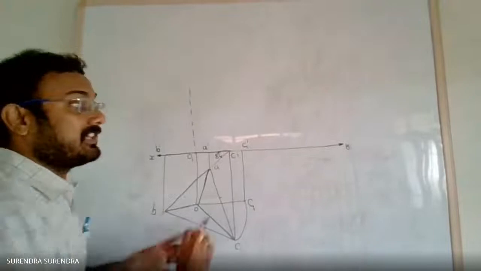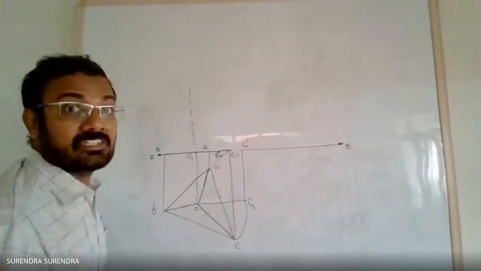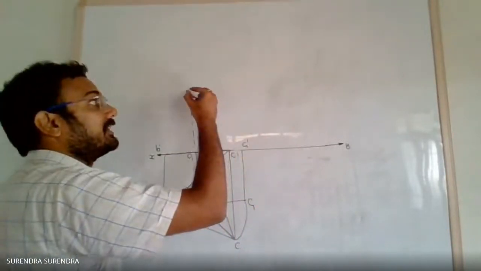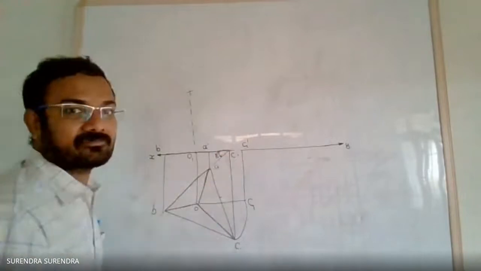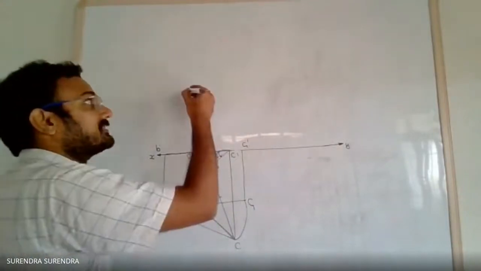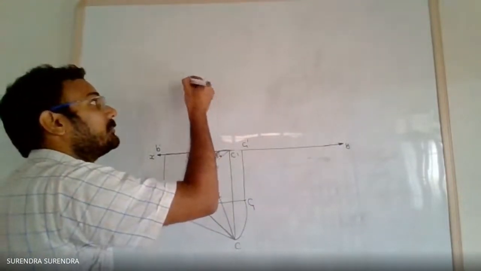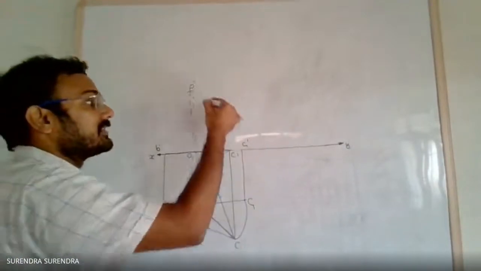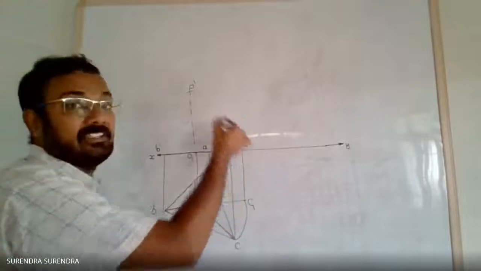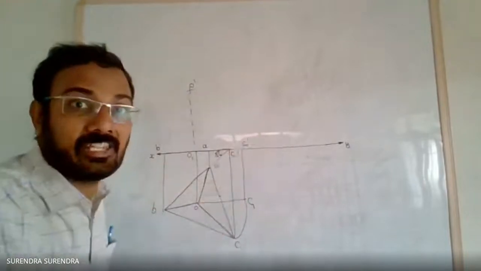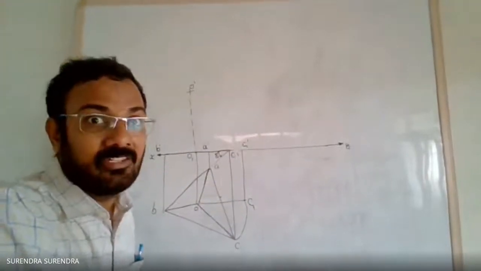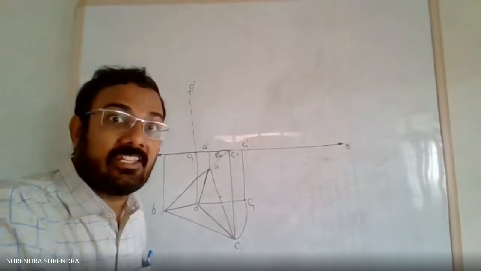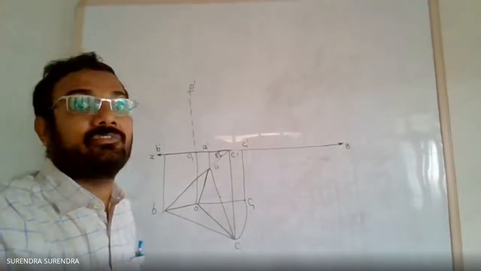So C1 dash as center, 60 mm radius, draw an arc on this axis. So this is the apex point O dash. Now C1 dash O dash line is equal to 60 mm. So the slant length is also equal to the length of the base.